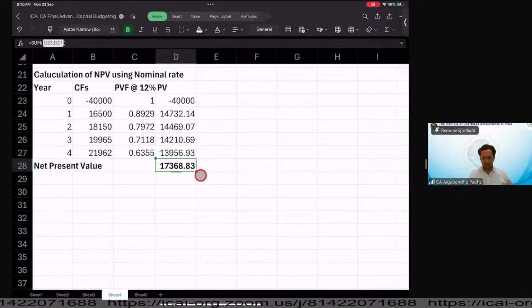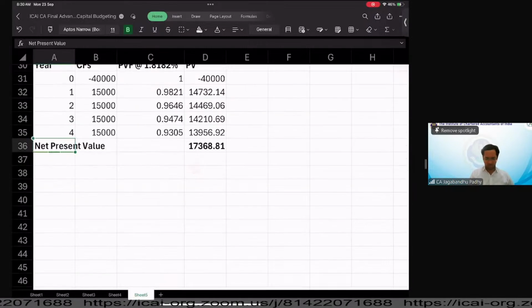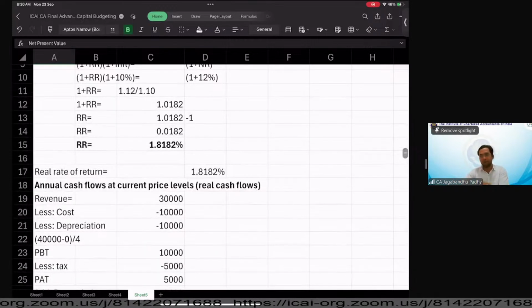There is a minor difference, you can say 0.83 and 0.81. That's because of the rounding up and nothing great in it. Am I right, guys? Are the two methods absolutely clear to everyone?